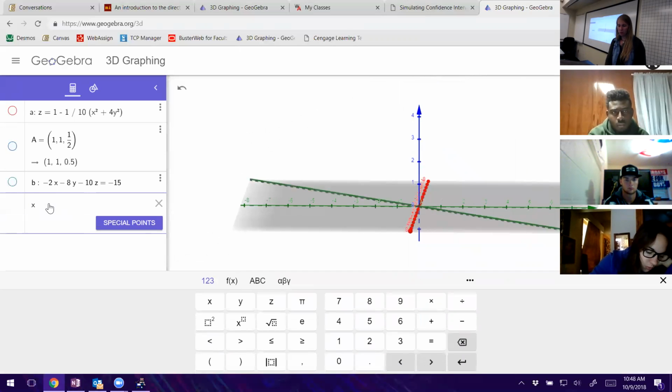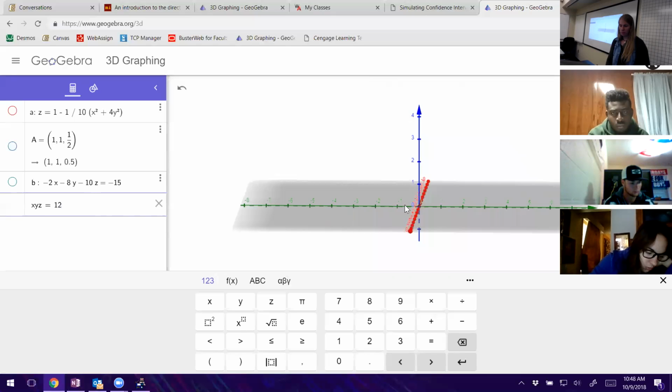So xyz equals 12. Why did it not graph it? Let's put multiplication symbols in there like that. We'll try it.